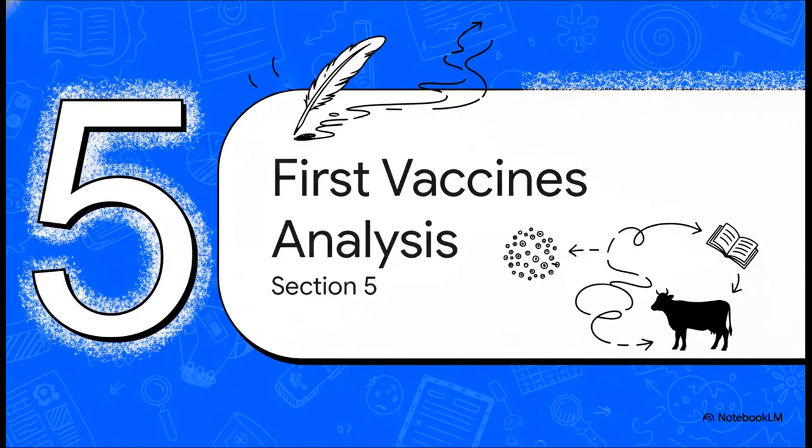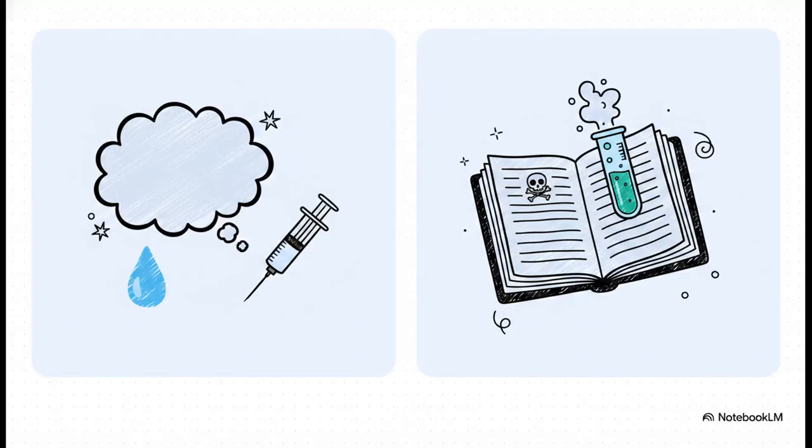Finally, Section 5, analyzing the first vaccines. Let's trace this methodology back to its roots. We're talking about one of the most famous medical trials in history, the 1954 Salk polio vaccine trial. Now, the popular claim out there is that the control group received a simple saline placebo, just salt water. But when you look at the official 1954 report, it tells a wildly different story.